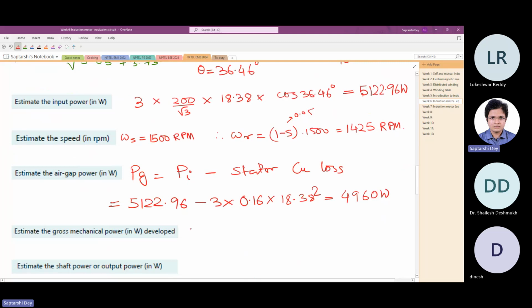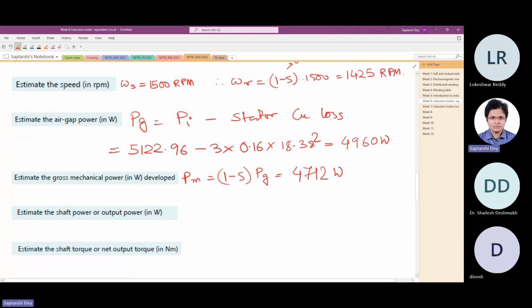Now gross mechanical power, that is (1 minus S) times PG. So 95% of this, 4712 watt.